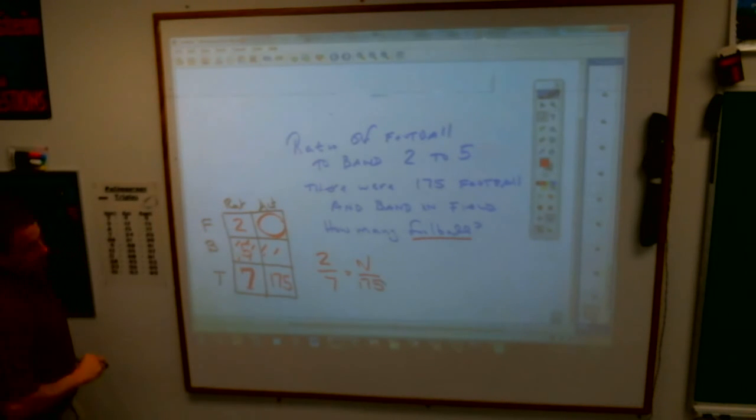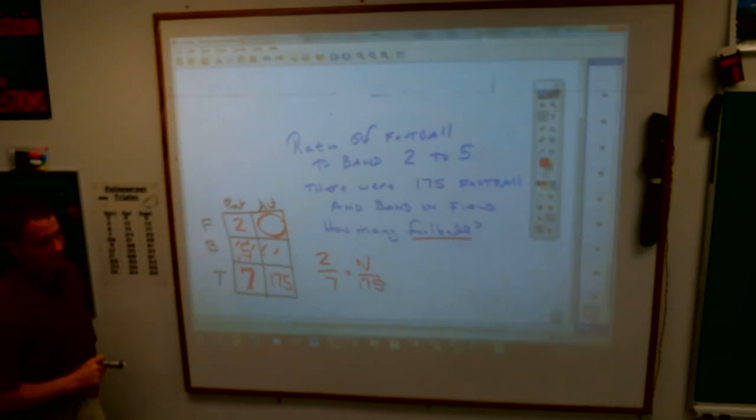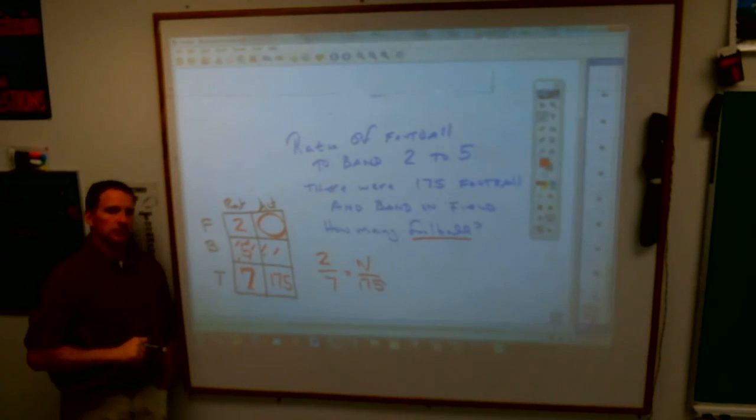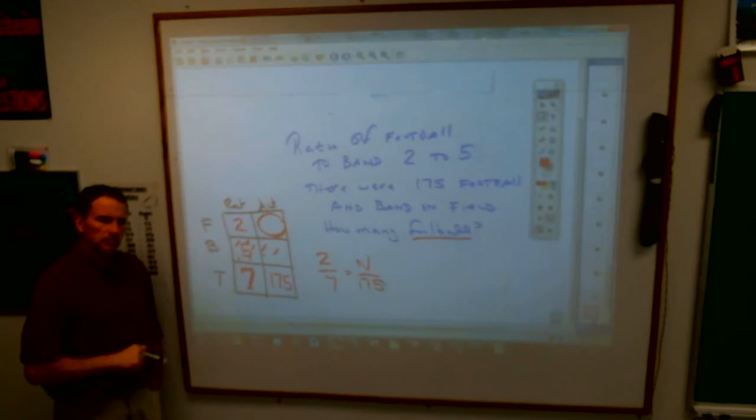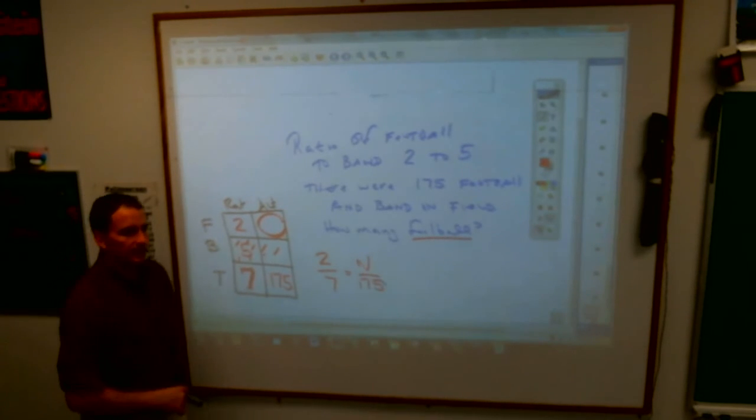Now what happens if I don't know what 7 times what number is 175? What do we have to do, Amelia Gauss? Multiply 175 times 2, and then divide the product by 7.